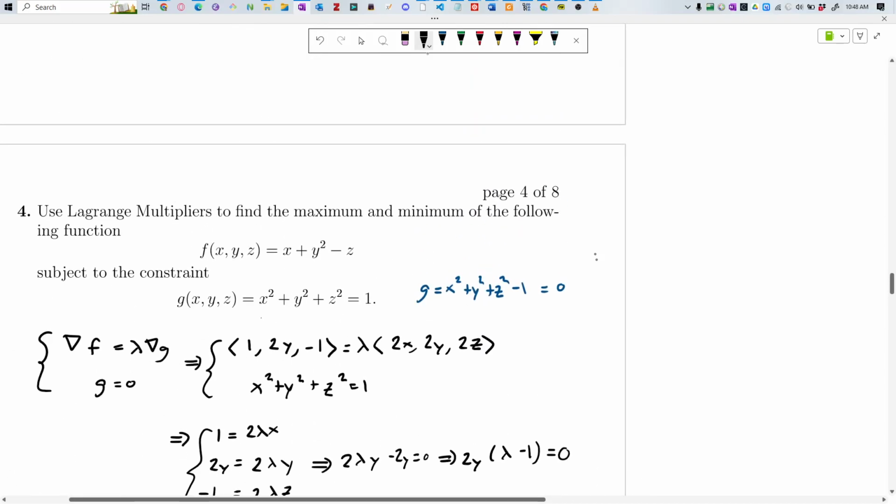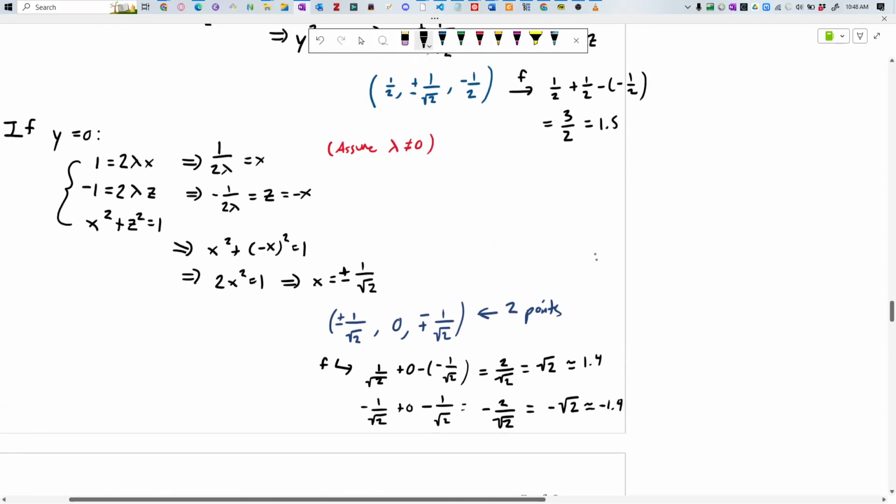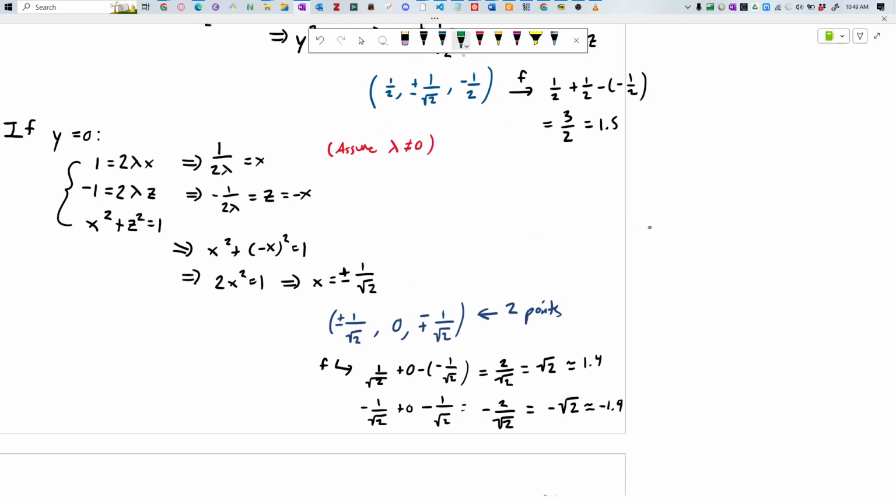The maximum and minimum of the function. Okay. So from this, we're able to conclude that the maximum is the value 1.5, so the value 3 over 2, which occurs on these 2 points, but we don't need to mention that.